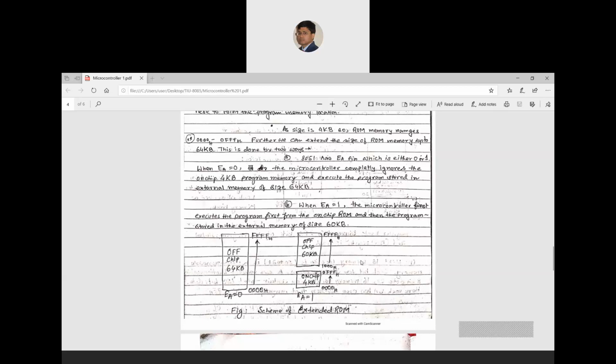When you set the EA pin value to 1 and you connect a 64 kilobyte ROM, how will that 64 kilobyte of ROM be utilized by the microcontroller? Then you have to write down in 3 to 4 lines the explanation that I have just given. This explanation is also written here, so you can easily go through it.